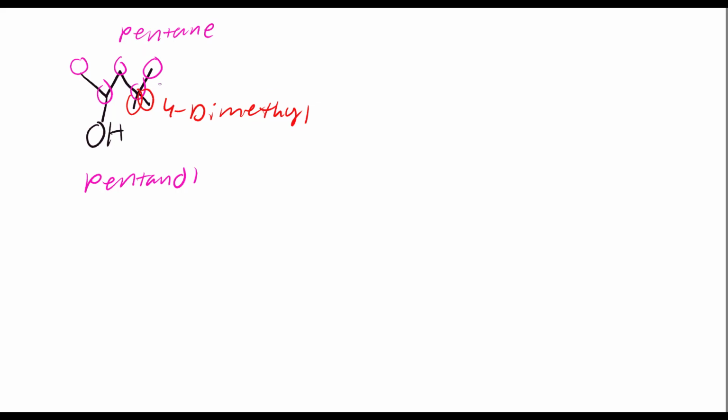So we have a 4-dimethyl, and we have not an oxygen, but an alcohol on the 2nd carbon. So if we put this together, we have a 4. Well, actually, since there are 2 methyls on the same carbon, we're going to put a comma. 4,4. That means there are 2 things on the 4th carbon. I don't know what, but there are 2 things.